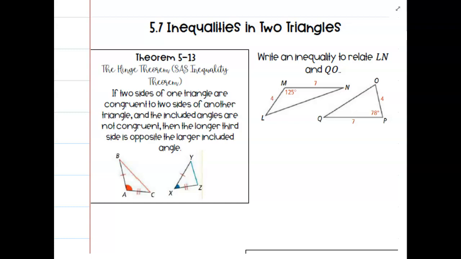You can use this hinge theorem to say, if you have two triangles with two congruent sides, whichever included angle is bigger, that opposite side is also going to be bigger than the corresponding side in the other triangle. So we can use this to talk about two different triangles and the relationships they form.